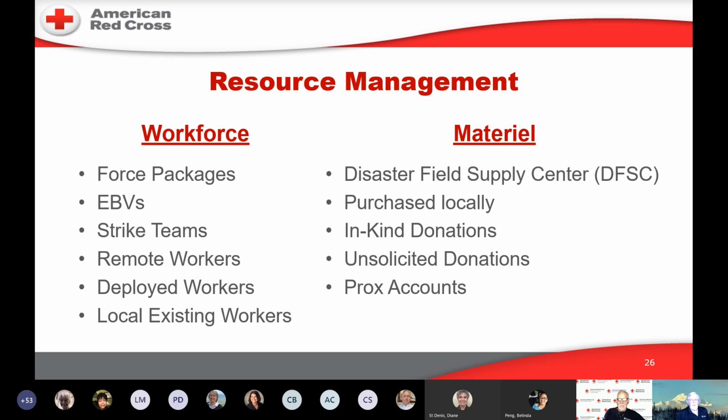We do have in the COVID directories and the compendium a picture of what workers will normally be deployed into a disaster. You're looking at about 5 going into a shelter, and then who's going to be working from outside, and then as much as possible, without burning them out, local existing workers.